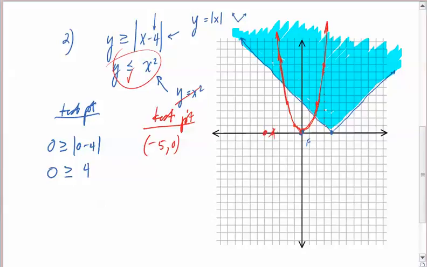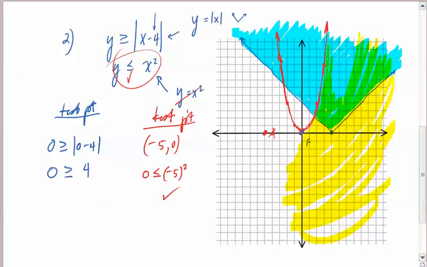Okay, so I'm going to put in -5 into my x, square it, and see if that's greater than 0, and it definitely is. So this is where we're going to shade on this one, outside here. This is the true side of the parabola. However, the part that is the solution set, of course, is the green. So, kind of interesting solution set there, right?